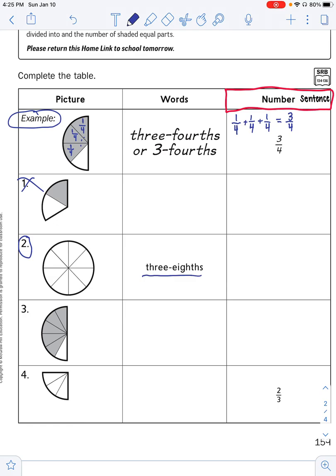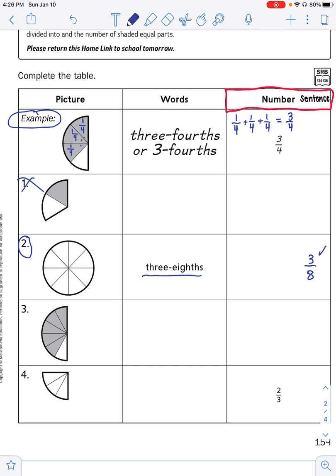Well, what does the word 3/8 mean? I know that means 3 goes on top and 8 goes on bottom because you say it out loud like this, 3/8. But what does that mean for the part that we need to shade in?